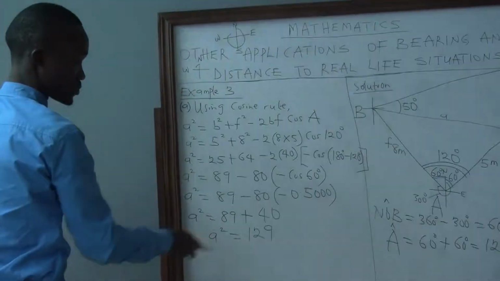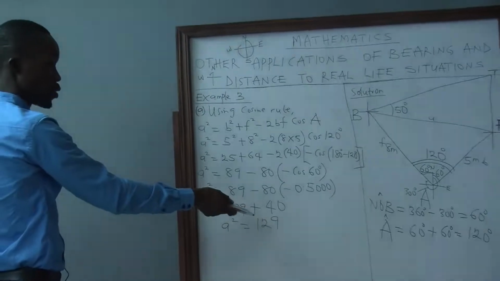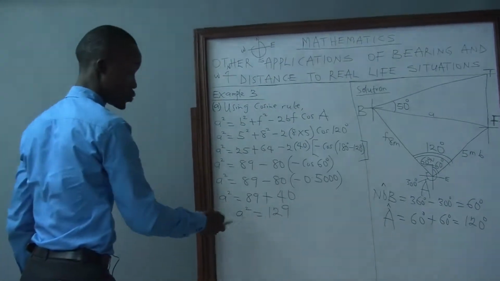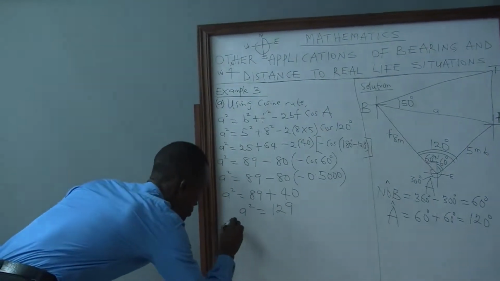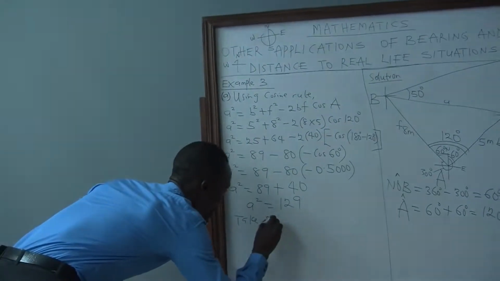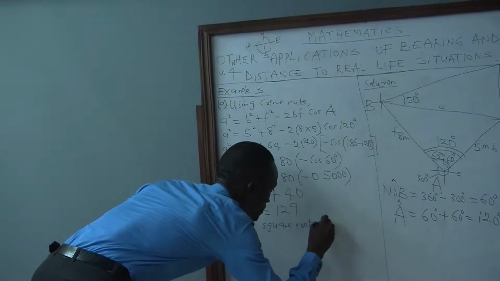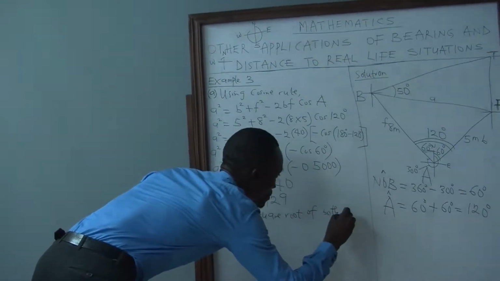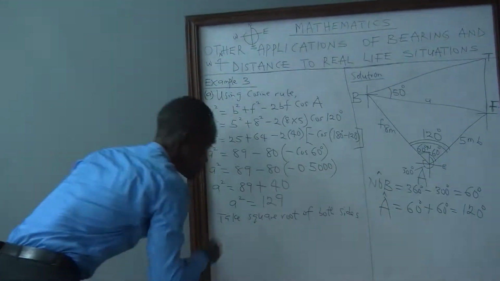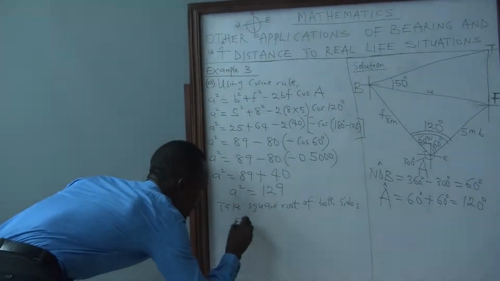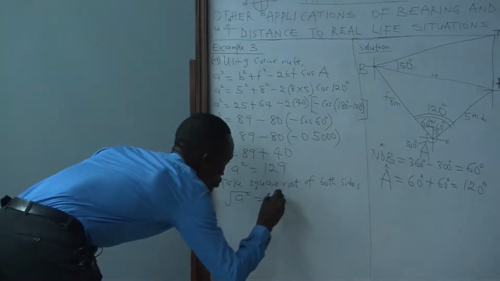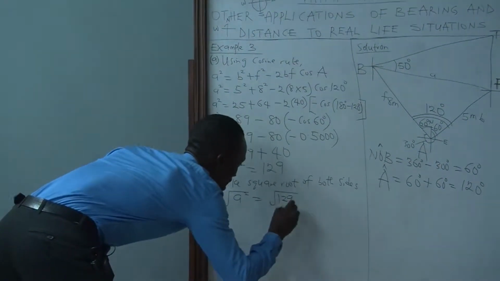And this expression involves a square. So an expression that involves a square, we have to take the square root of both sides. So we have the square root of A squared is equal to the square root of 129.